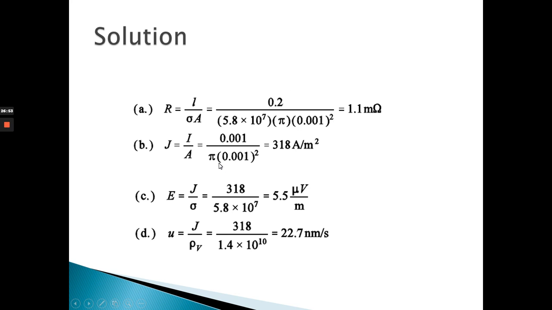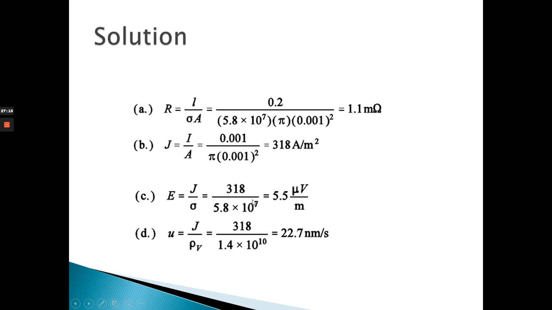Similarly, when you find the current density, J is equal to I divided by A, which you know already. And lastly, E is equal to J by sigma.